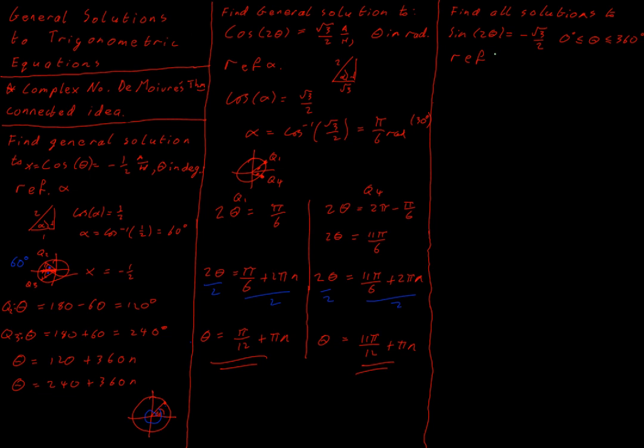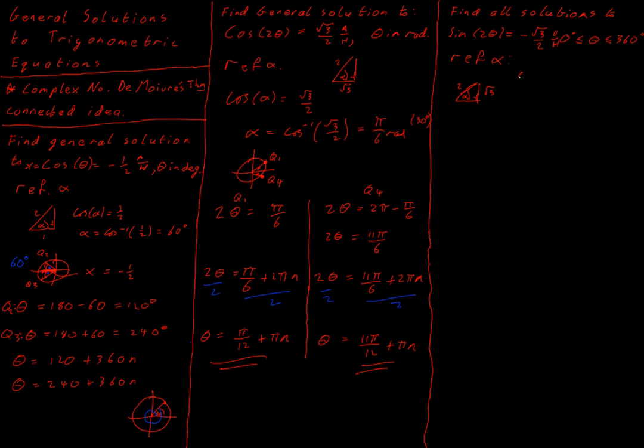Now, we have our reference angle, and we are looking at sine. So sine is opposite over hypotenuse. So we draw in our model triangle. We've got our alpha, and this time we have opposite, root 3, over hypotenuse of 2.